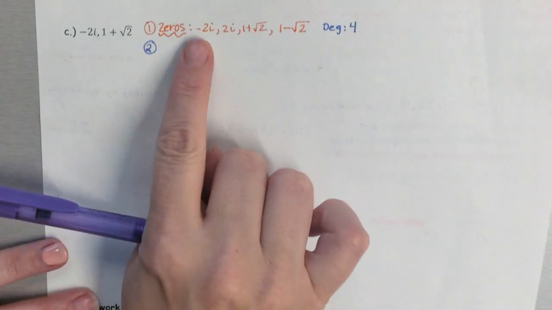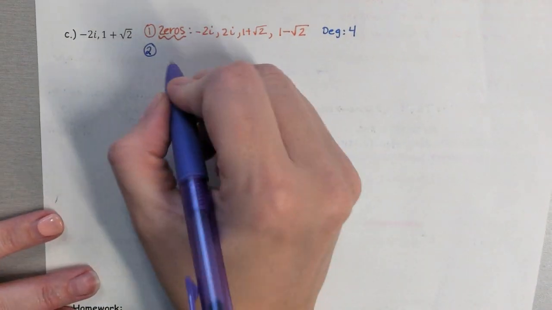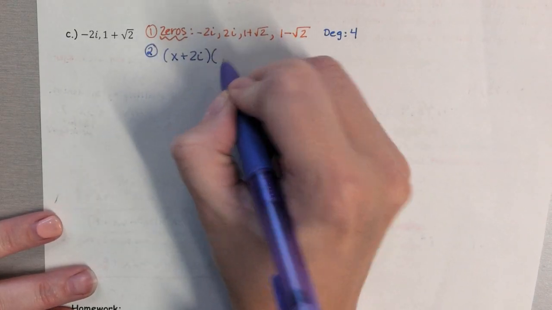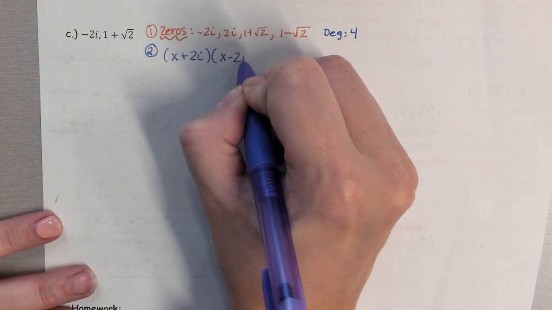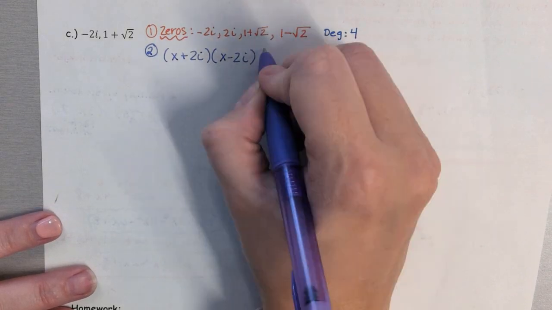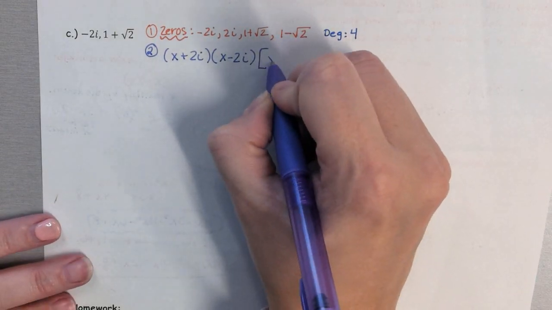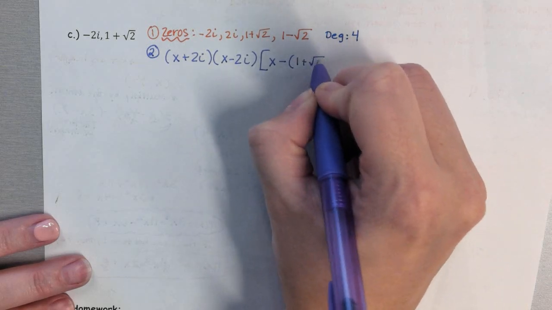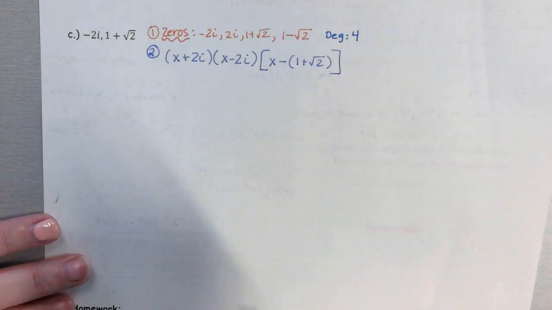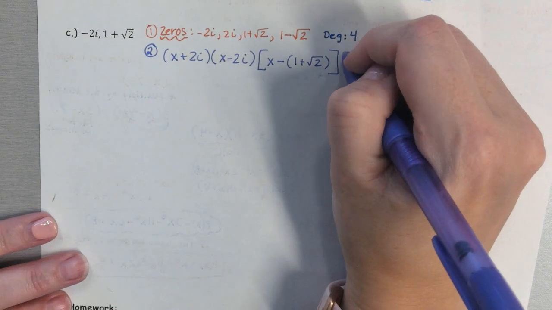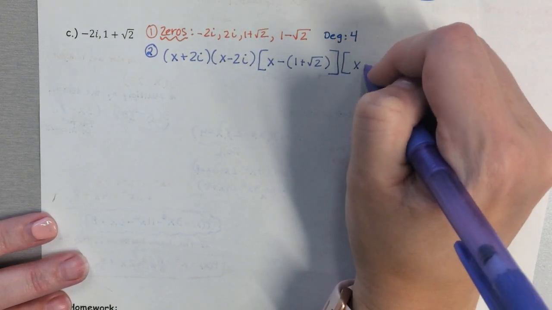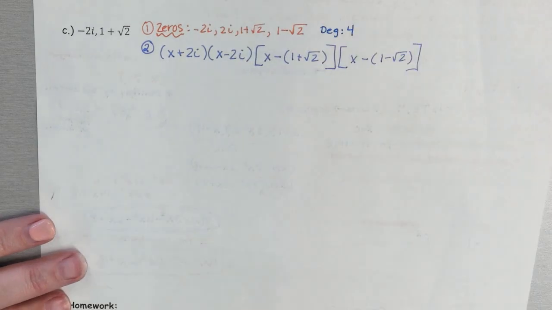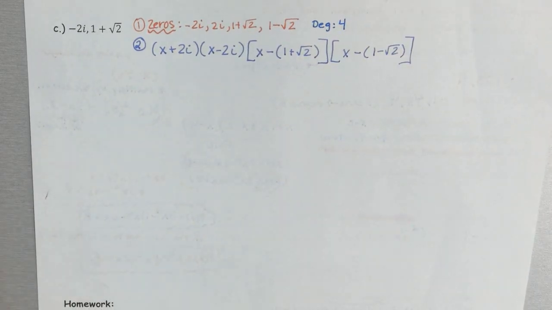So if it's x minus negative 2i, it's going to be what? X plus 2i. And then this will be x minus 2i. This is a binomial, so it needs a bracket. X minus, and then because it is a binomial, you have to put this in parentheses because we're going to have to distribute that negative. Okay, so this is what your setup should be like.